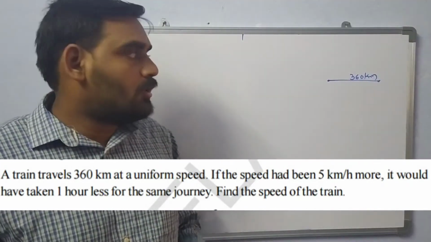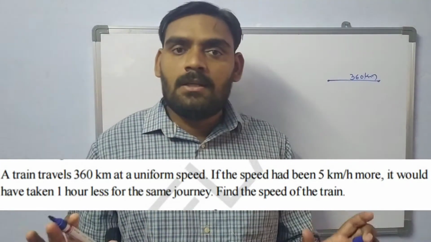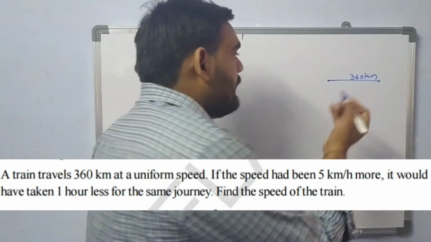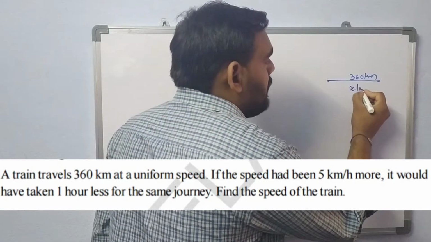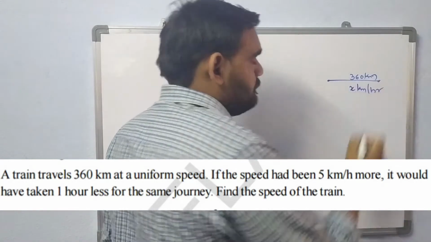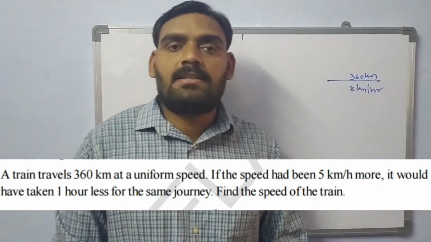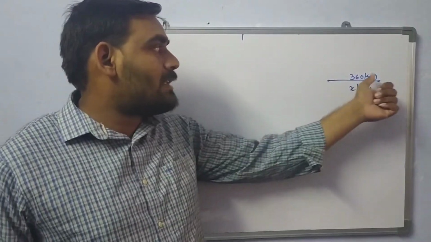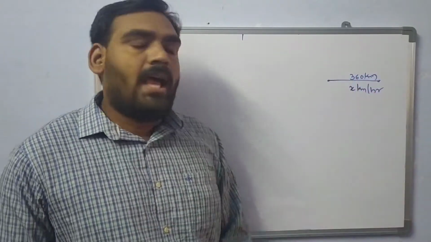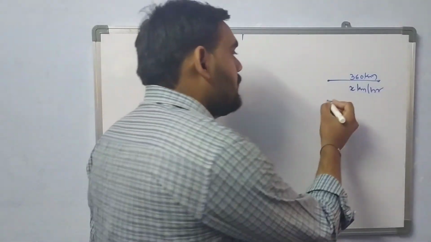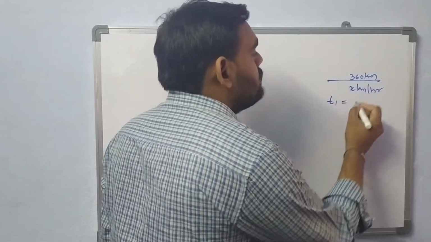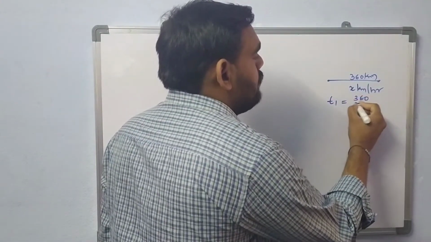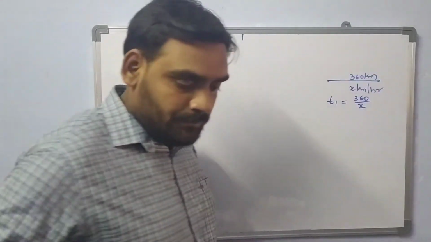Here we don't know the speed of the train, so let us consider x kilometers per hour be the speed of the train. The time taken by the train to cover 360 kilometers with a speed of x kilometers per hour will be t1 is equal to 360 by x.